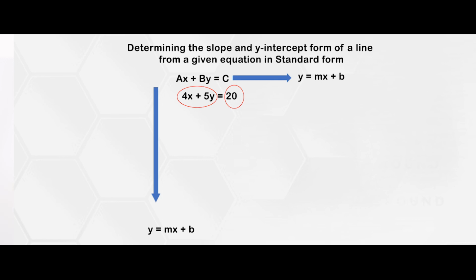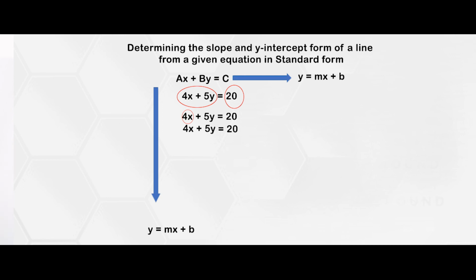Okay, now let's begin. So we have 4x plus 5y equals 20. We have to send someone from left hand side to right hand side. Whom do we send first? Yes, the item which is not connected to the variable y. We send 4x. But here 4x is added. So how can we remove it? Of course, by subtracting 4x.